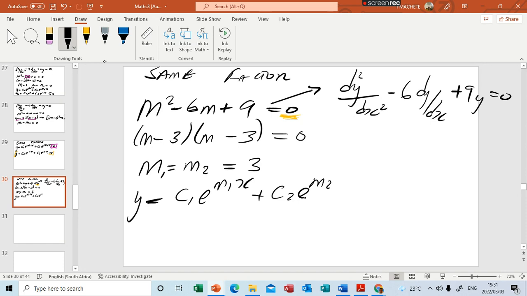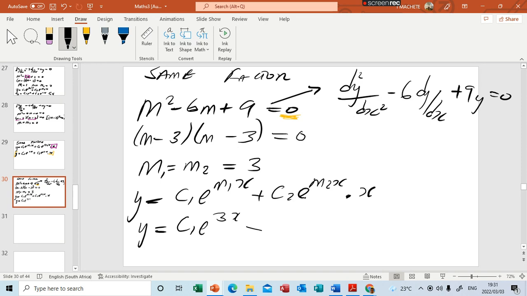So you have C1 e to the 3x plus C2 e to the 3x multiplied by x. Then you're done. That's all you need to know.